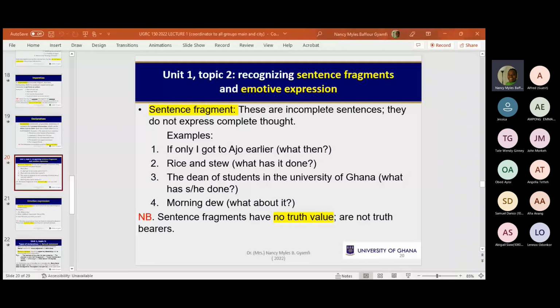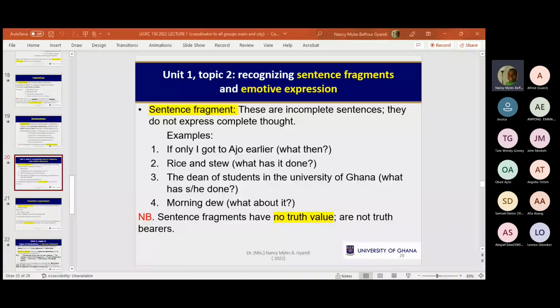I see Jessica, Abigail, Fiana, Alfred, Emmanuel, who is having a little challenge, Angela, John, Lennox, Obed, Samuel, Wendy. May I know your interpretation or what type of sentence-shaped thought you think this expression will be? I said, give me rice and stew.